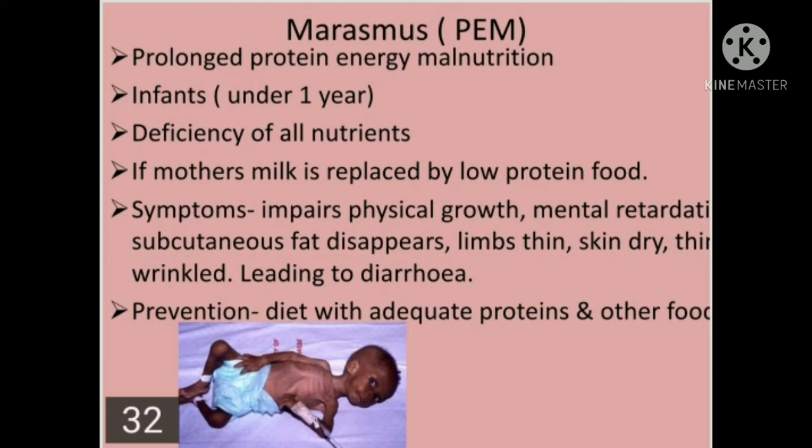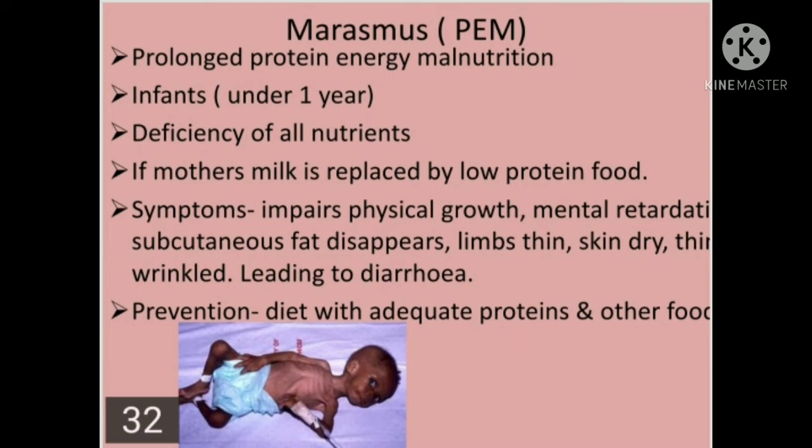Then limbs become thin. Limbs means forelimbs and hind limbs, upper limb and lower limb, both the hands and legs. Then skin becomes dry, thin and wrinkled, which is leading to diarrhea.